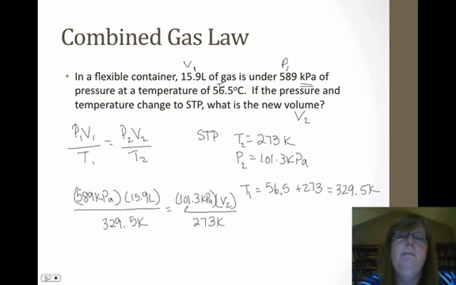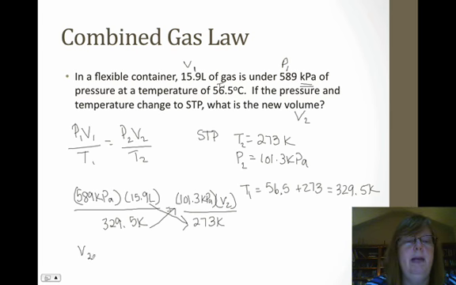All right, the best way to solve this is to cross multiply and set them equal to one another and then solve for V2. So when I do that, I come up with my new volume being 76.6 liters.